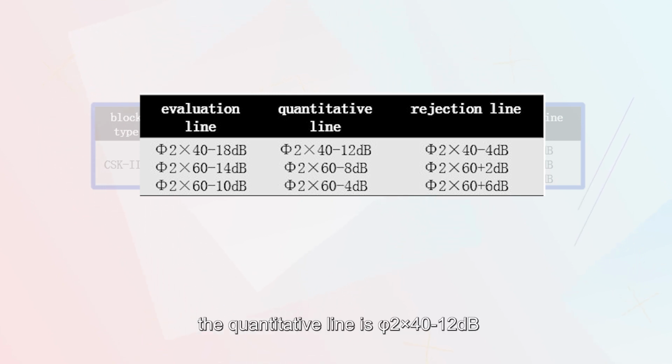The quantitative line is φ2×40 minus 12 dB, and the waste line is φ2×40 minus 4 dB.